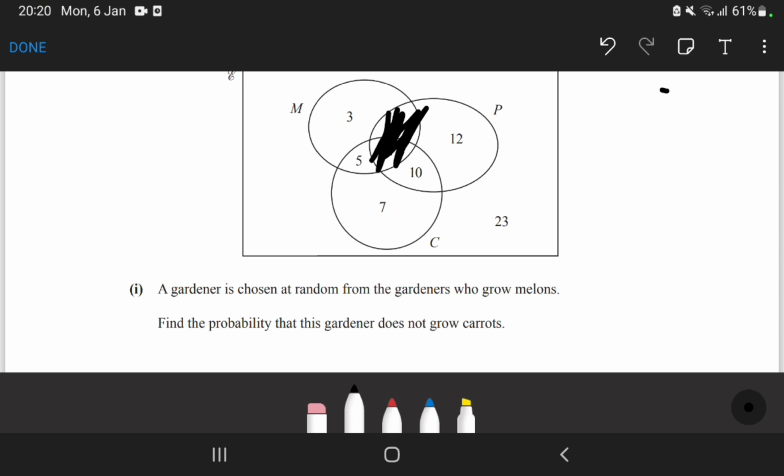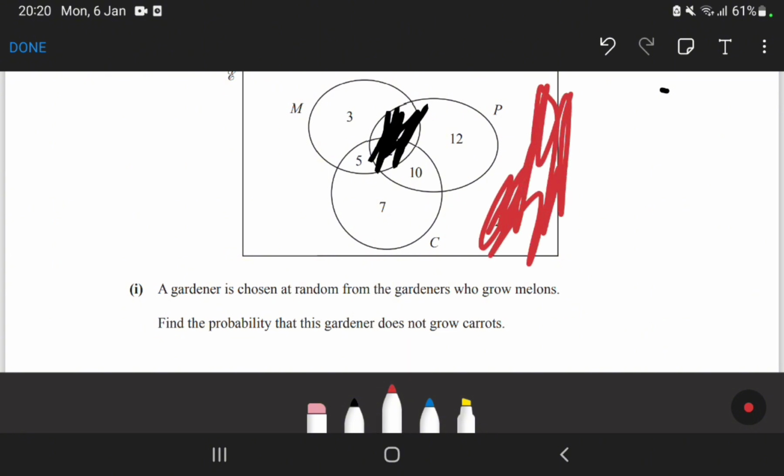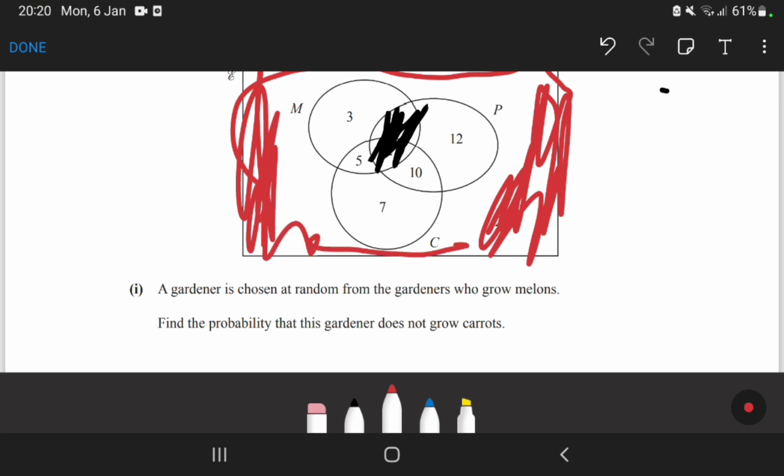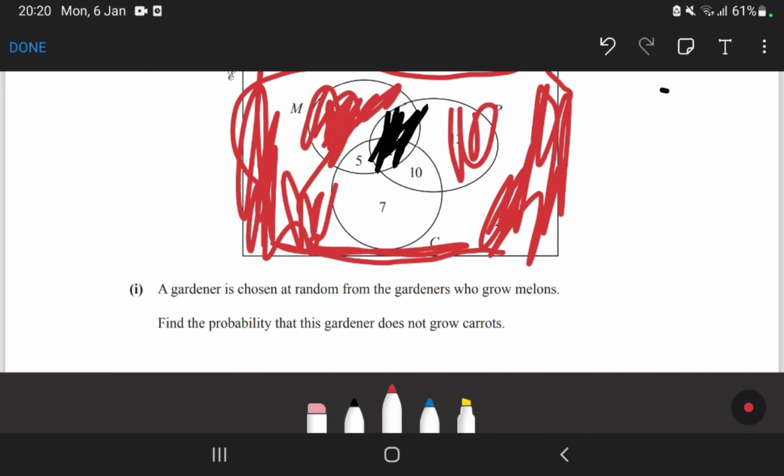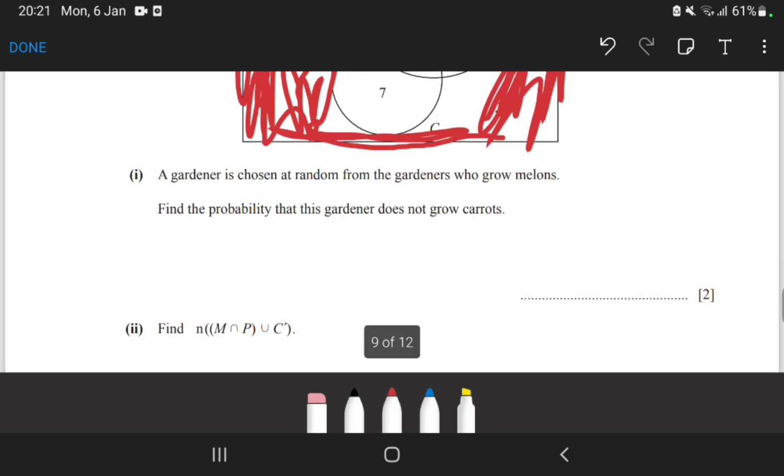And then C prime is this. This. This as well. This as well.